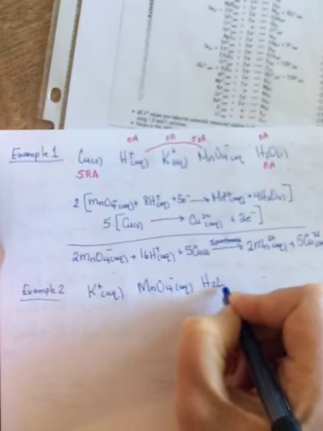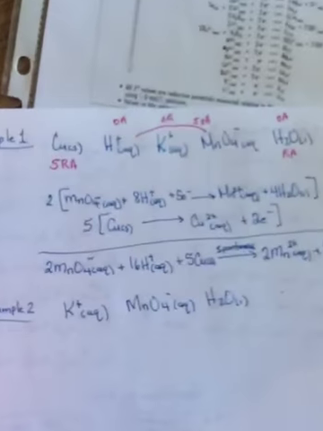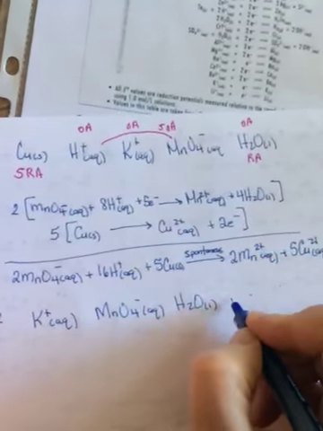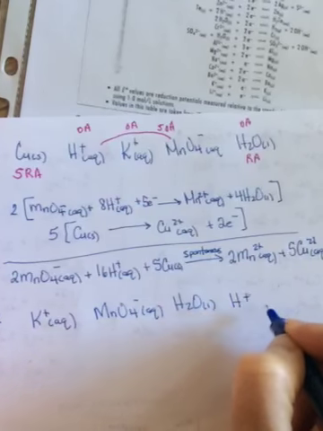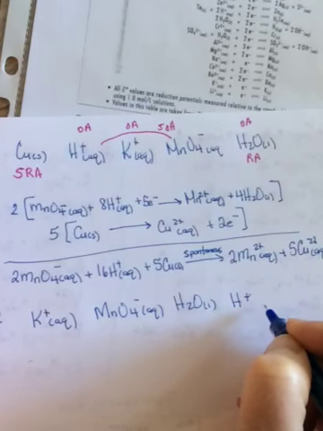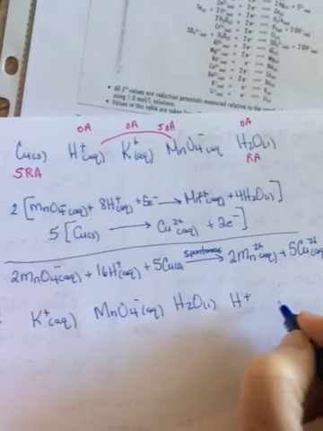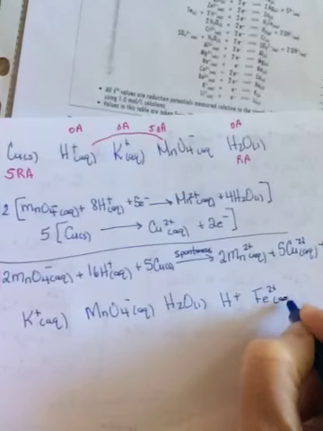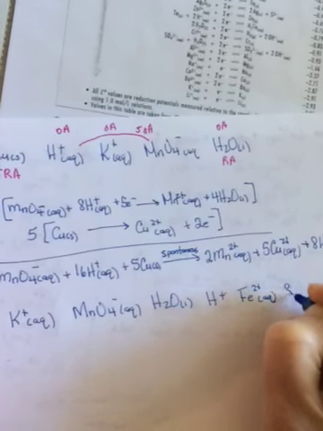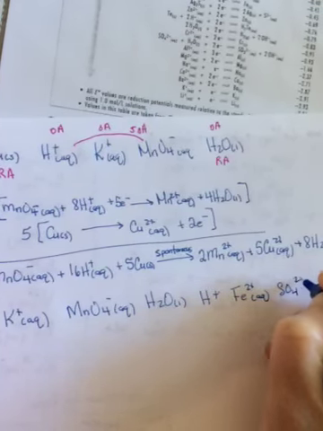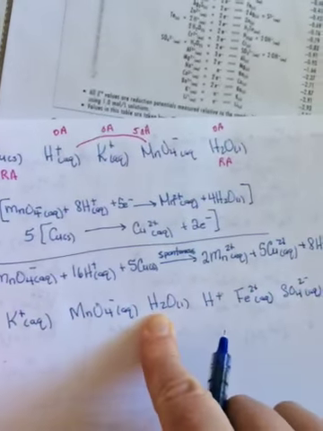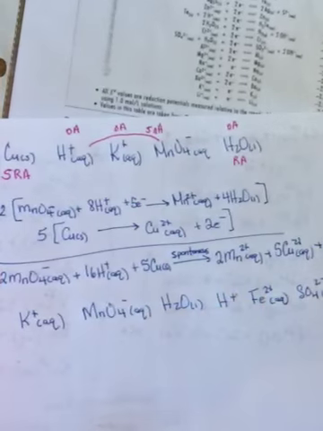Solution, water, is poured into an acidic, H positive, acidic iron 2 sulfate, Fe2 positive, aqueous, sulfate is SO4 2 negative, aqueous, and we already wrote the water down once, so we don't have to write it down again.